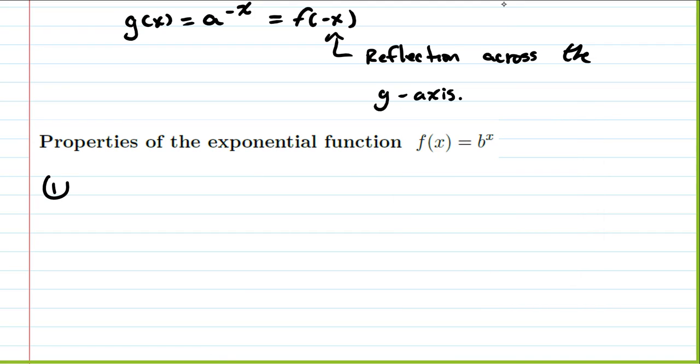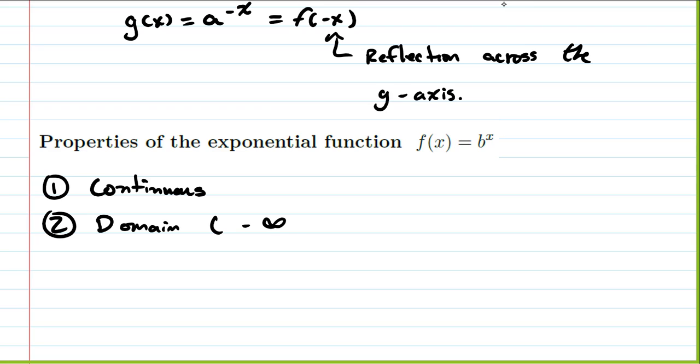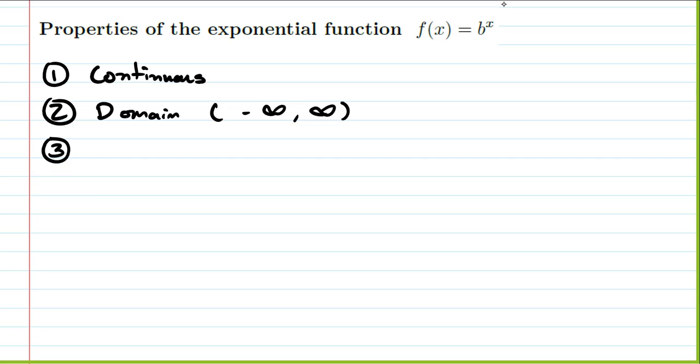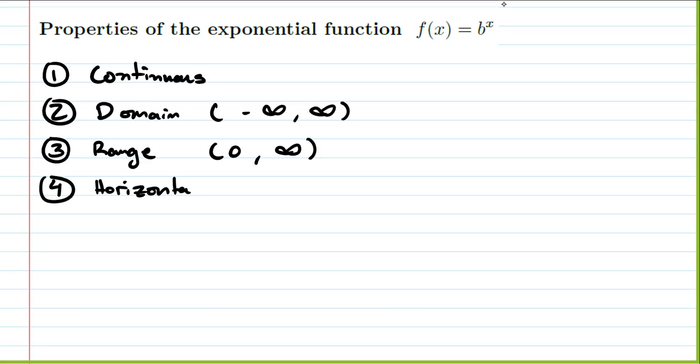So first property is it is continuous. 2, it has domain all real numbers, so from -infinity to +infinity. 3, its range is going to be from 0 to +infinity, not including 0. 4, it has a horizontal asymptote at y is equal to 0.